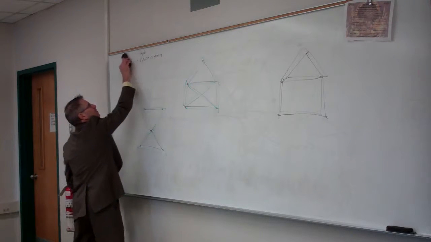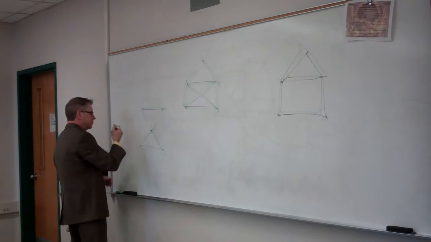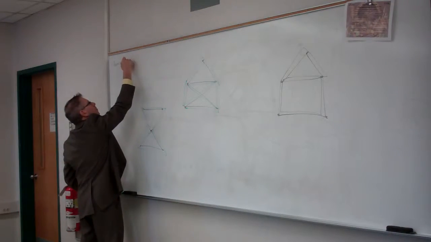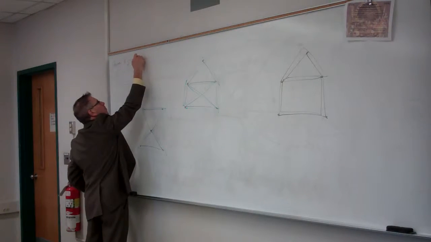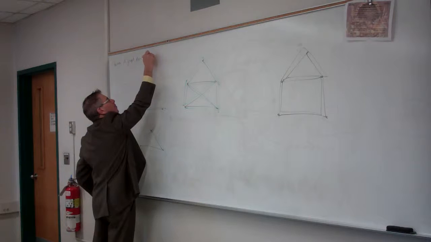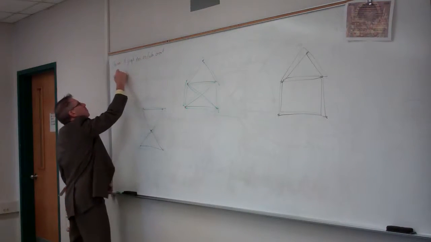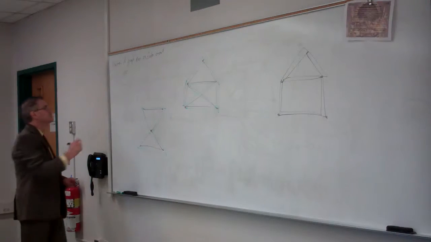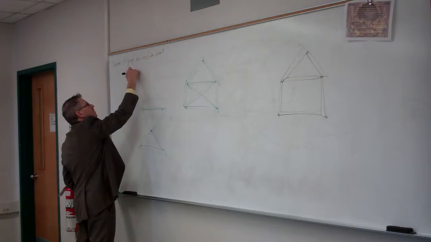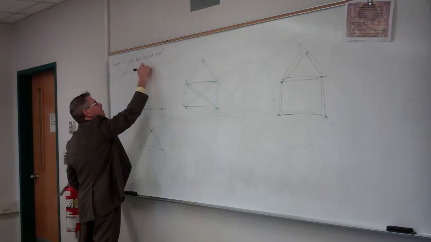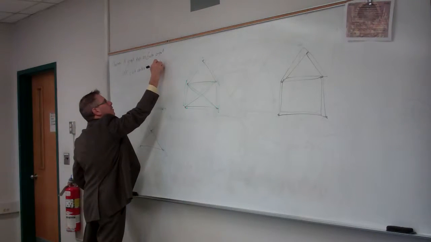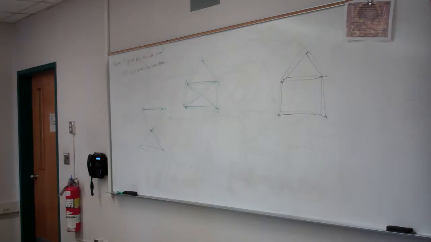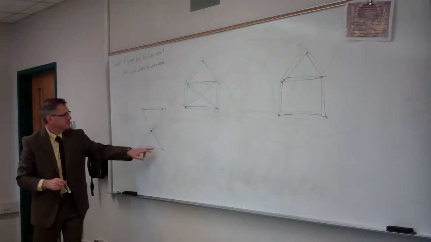So there are a few theorems about this. A graph has an Euler circuit if and only if each vertex has even degree. For example, 2, 2, 2, 2, 4.